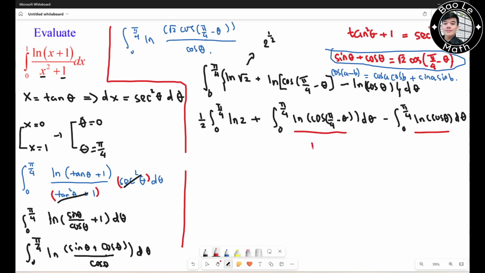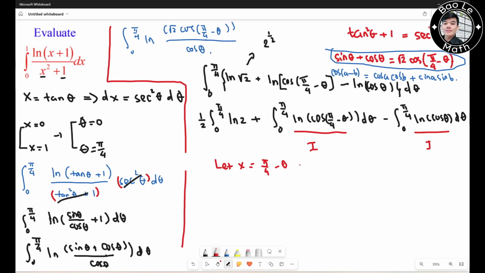I call this one I and this one J. So I need to calculate I. So let s be pi over 4 minus theta.